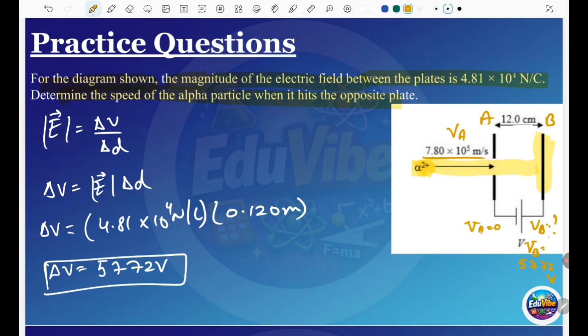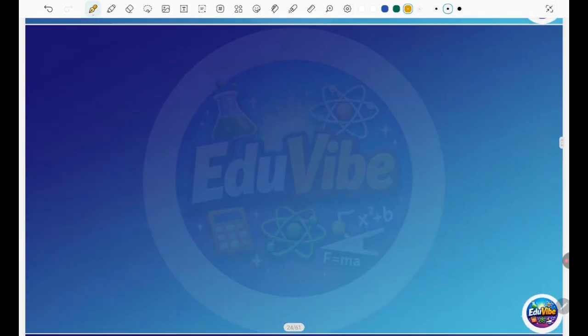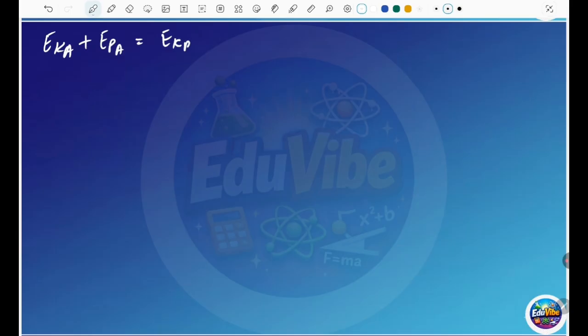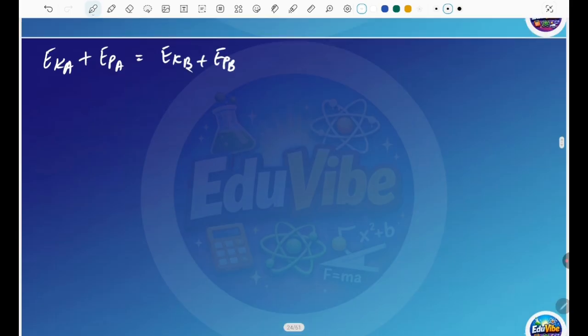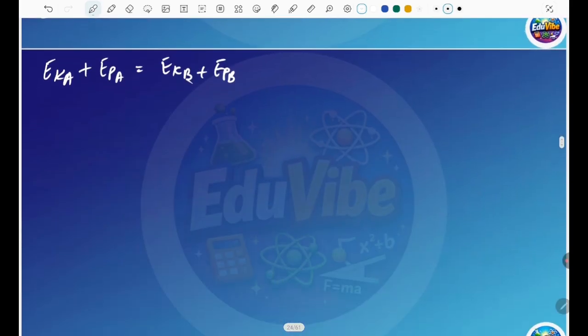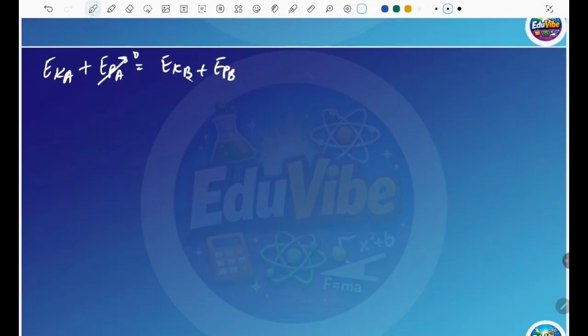So now our main focus is to find VB. How can we find that? We know the conservation of energy formula: EKA plus EPA is equal to EKB plus EPB. At the starting point, the voltage is 0, so that term goes to 0.